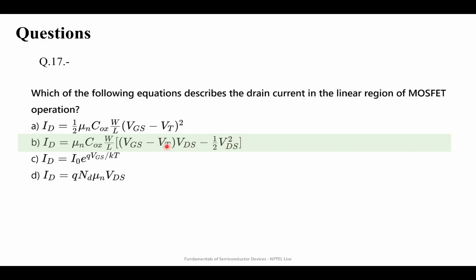So you subtract it, it becomes VGS minus VT whole square by 2, which is what you get here. So your saturation current formula is coming from the linear current formula. Okay, sir.